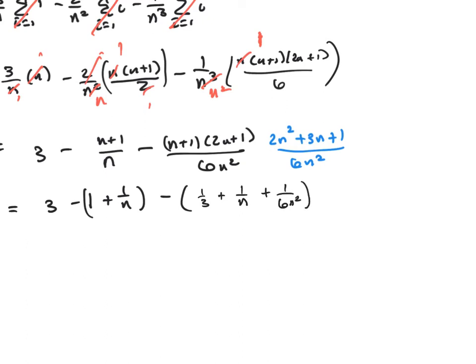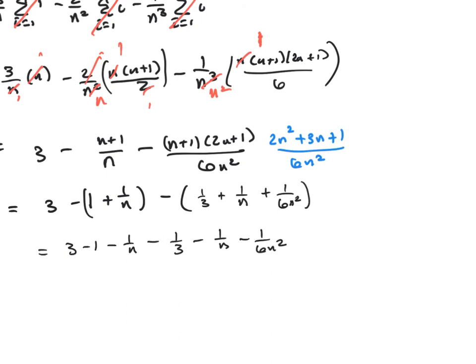So there's each one of those terms right there, right? So then I'd have 3 minus 1 over n minus 1/3, or sorry, no, I have to distribute my negative, right? Minus 1 over n minus 1 over 6n squared.